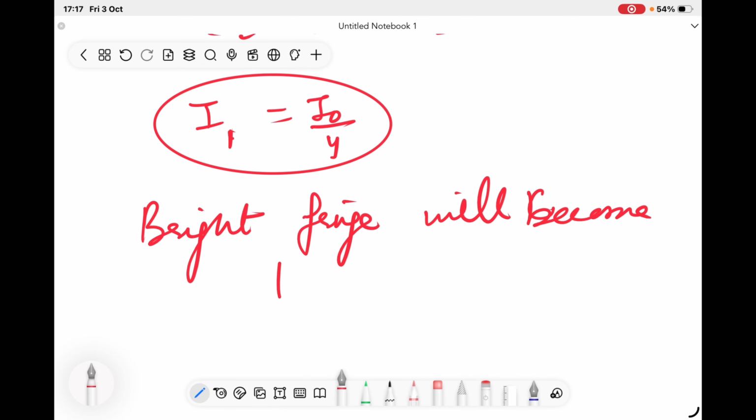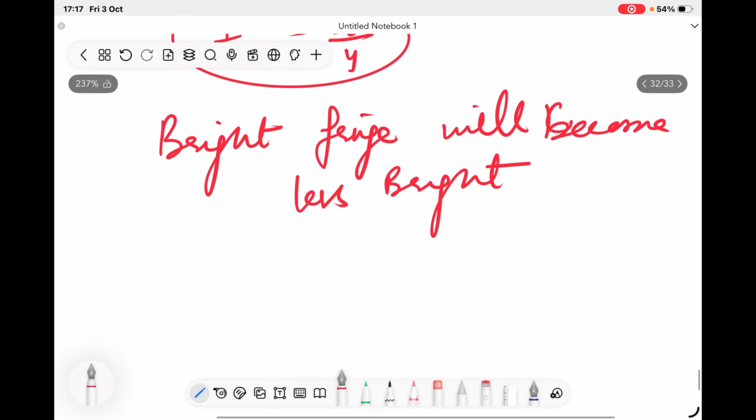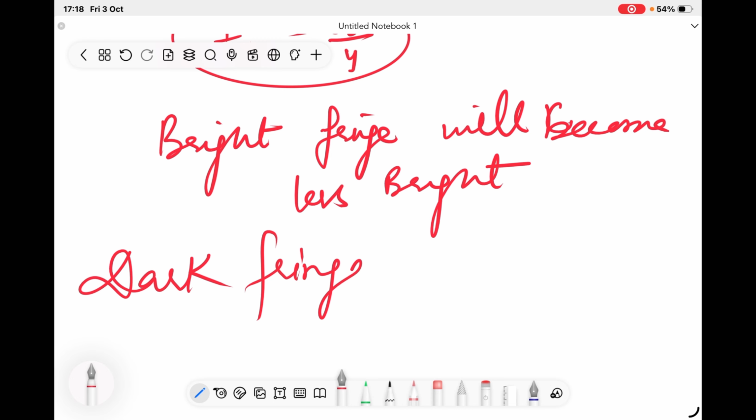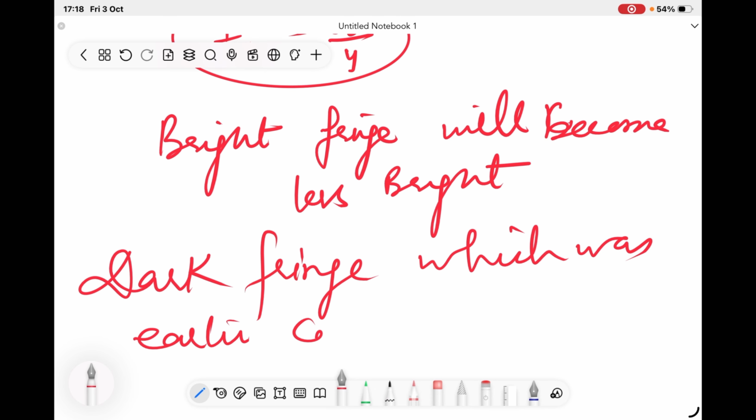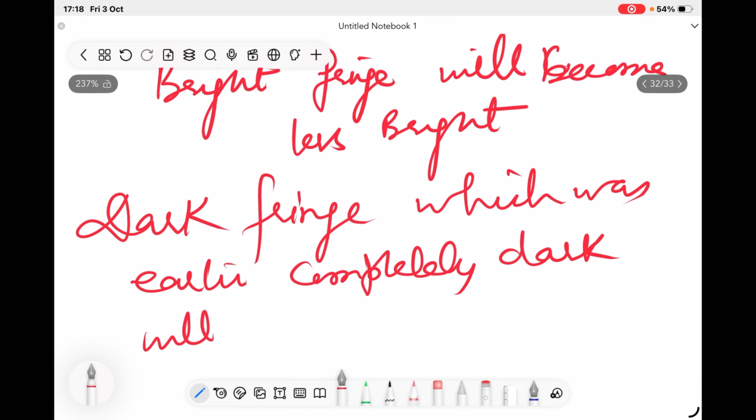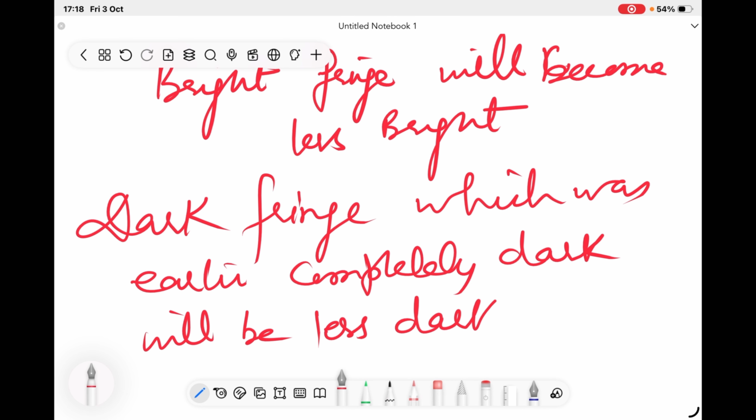You can write like this. And dark fringe, which was earlier completely dark, will be less dark now. Meaning there will be some brightness. Will be less dark. So this is the difference.